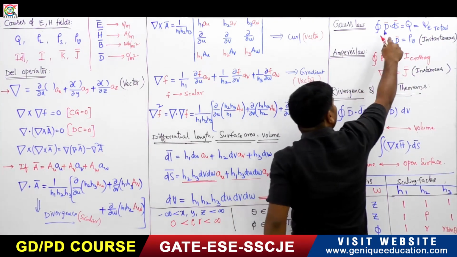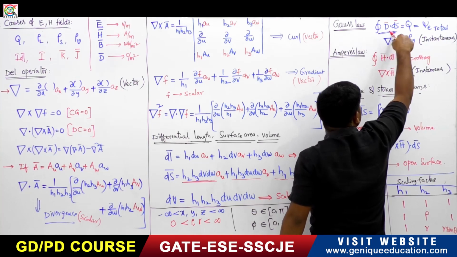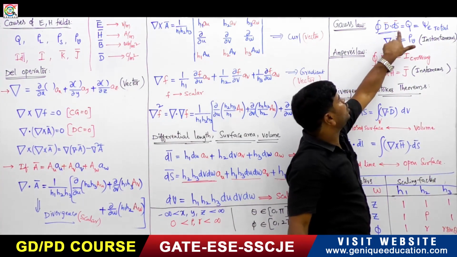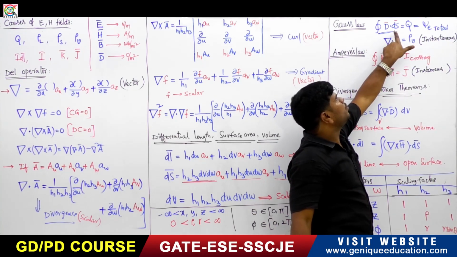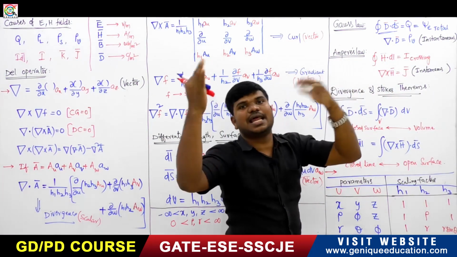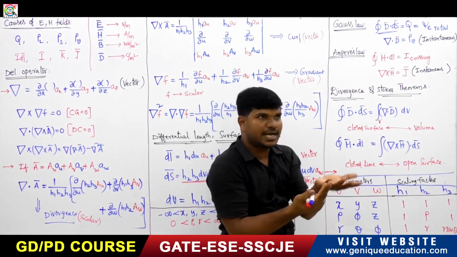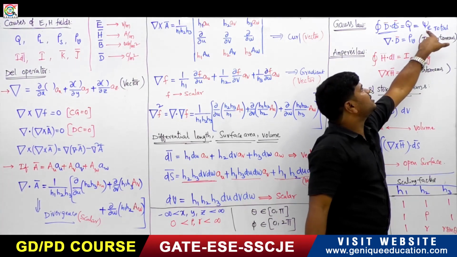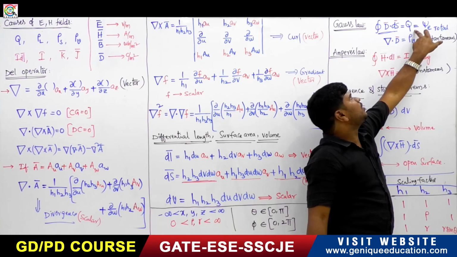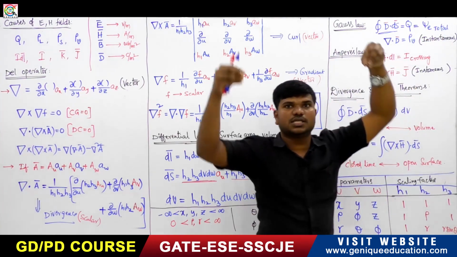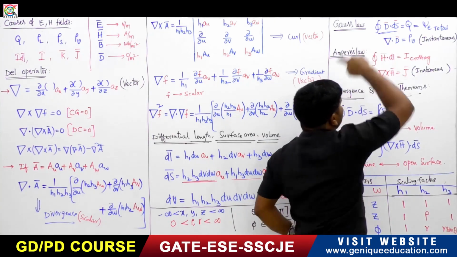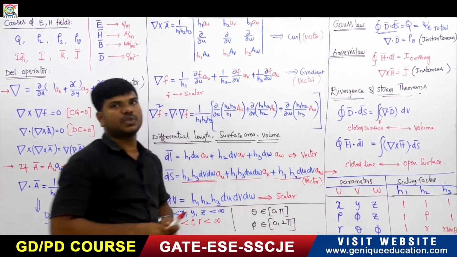What does the closed integral D dot dS represent? It represents coulomb per meter square into meter square, which is coulombs. Now I am calculating the total electric flux leaving that closed surface, so I am naming this psi E total. The psi E total must be equal to whatever charge is inside the closed surface. So the closed integral D dot dS equals Q.